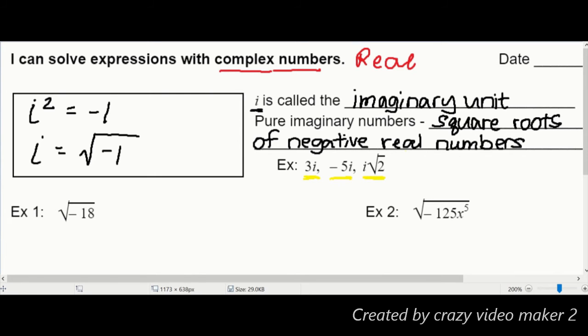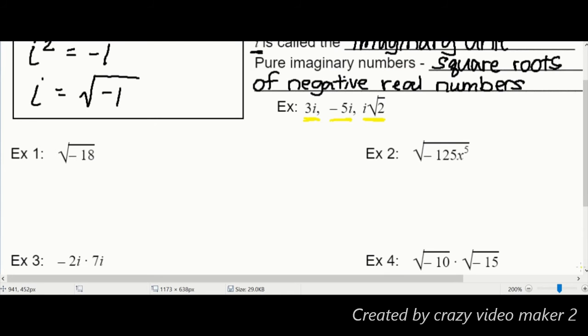So then going into our examples, when we have the square root of -18, what this is saying is that we have a -1 in here. So it's like saying -1 times 18 underneath the square root.